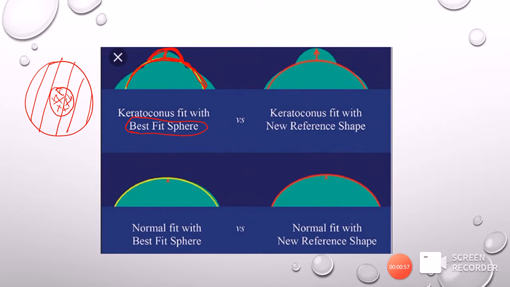Okay. However, what if we calculate a best fit sphere but we do not include this conical part? If we do not include this conical part, only the normal cornea is included in the calculation of the best fit sphere. So we will get a new reference shape like this, and in this reference shape you can see the distance between the cone and the reference is now more, and it is easier for us to understand and to diagnose even early keratoconus.